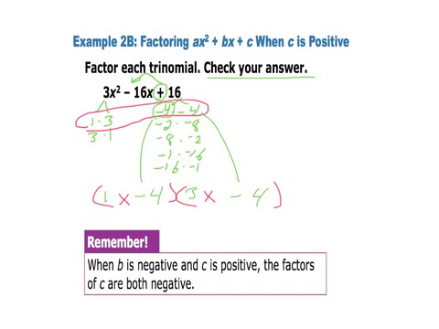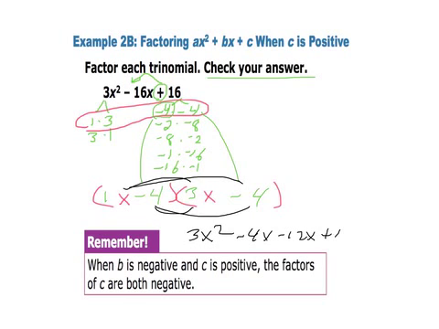So if I multiply through, you have 1x times 3x is 3x to the second. 1x times negative 4 is negative 4x. Negative 4 times 3x is negative 12x. And negative 4 times negative 4 is a plus 16.